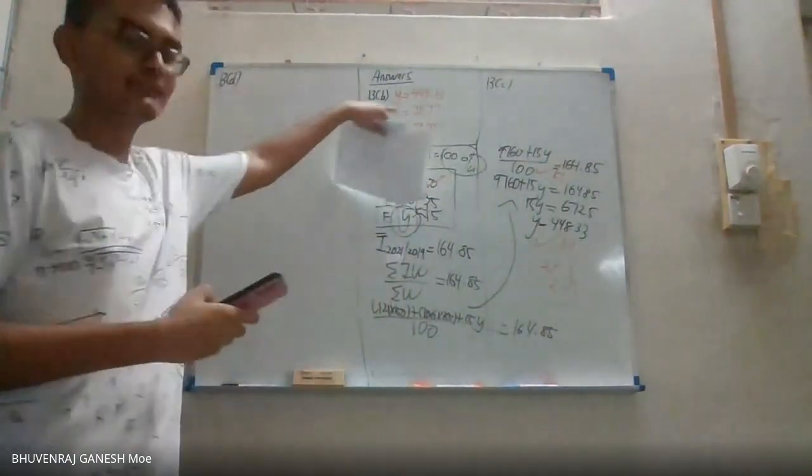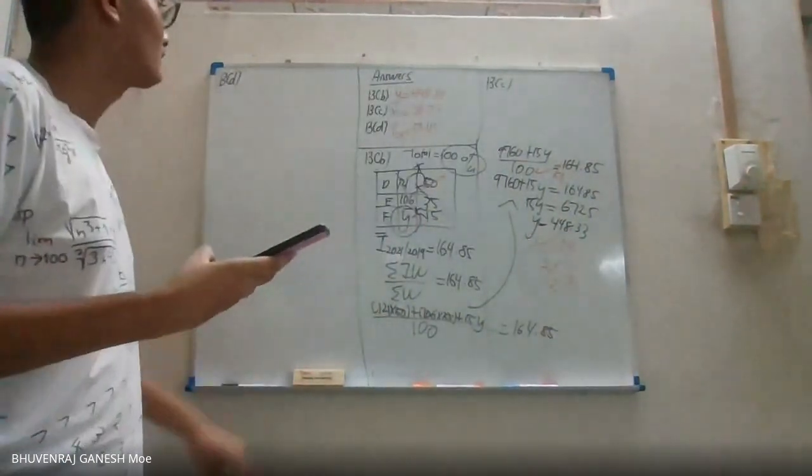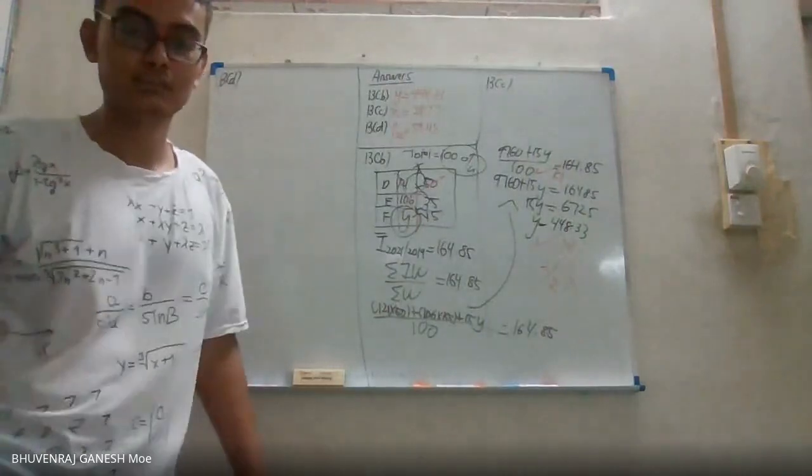You can look at the answers here, it's on top here. For 13C, you should get 28.77.